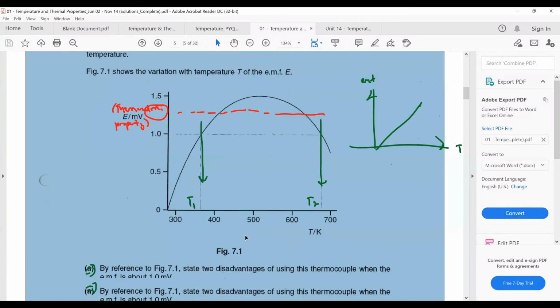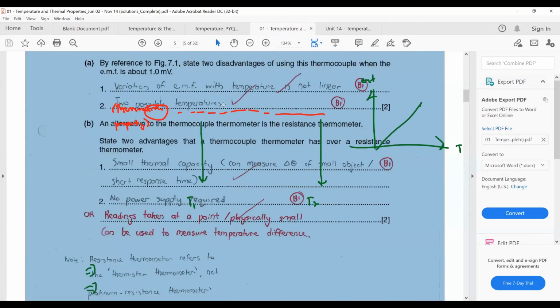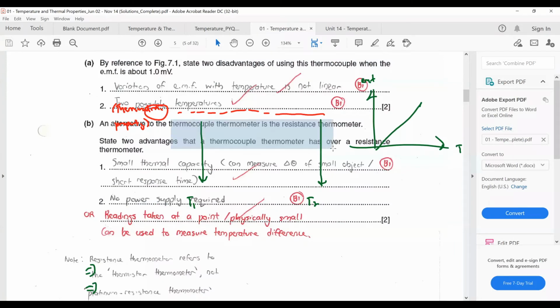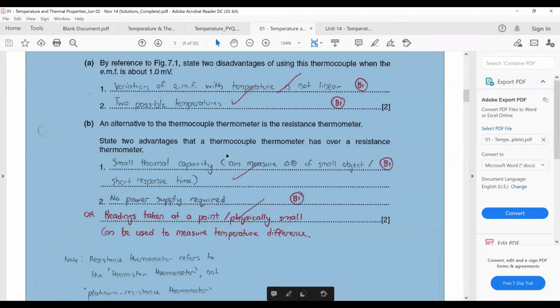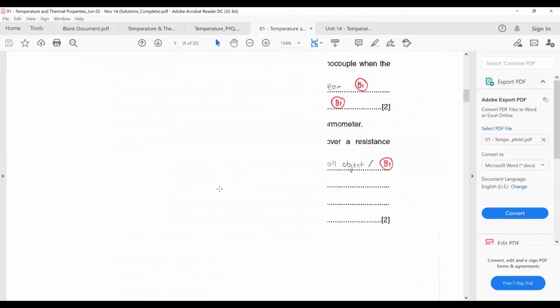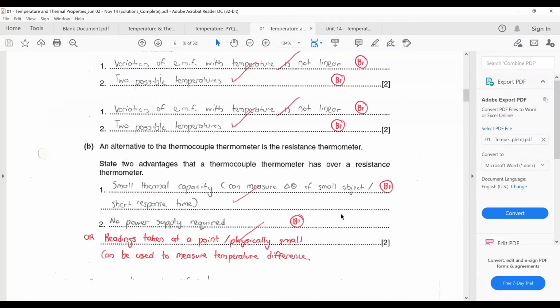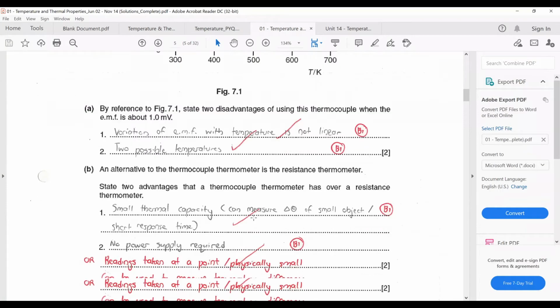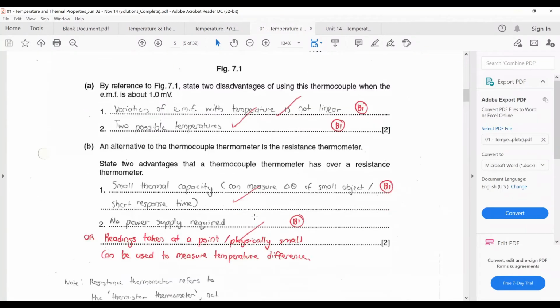If you look at that case here, why is a thermocouple thermometer much better than a resistance thermometer? One of the reasons is that your thermocouple has a small thermal capacity, so it can measure small changes in temperature. You have a short response time. What do we mean by that is this.